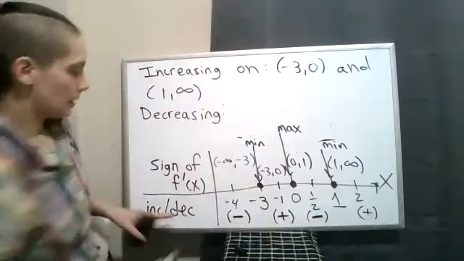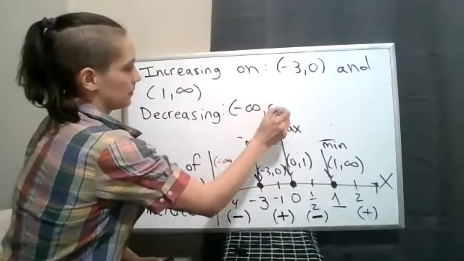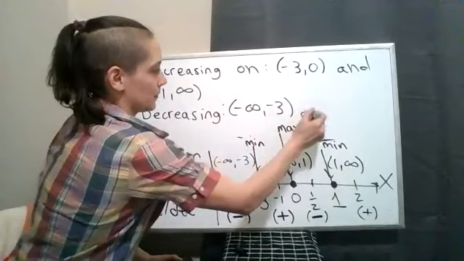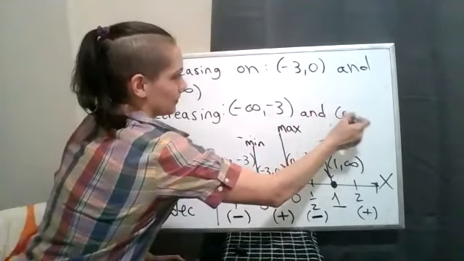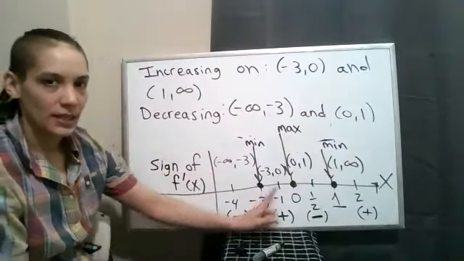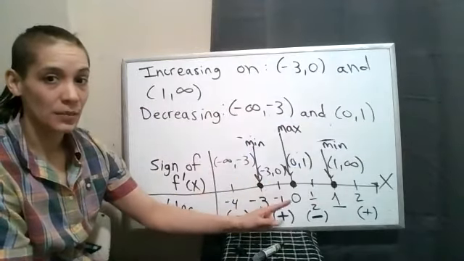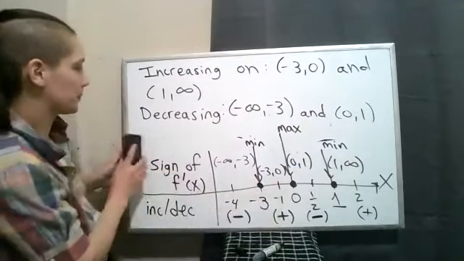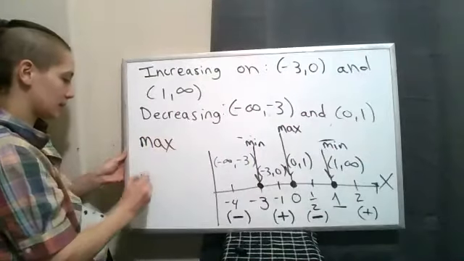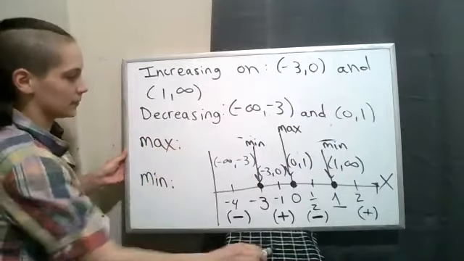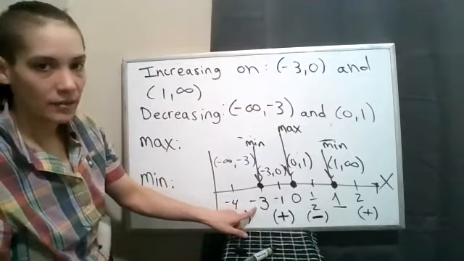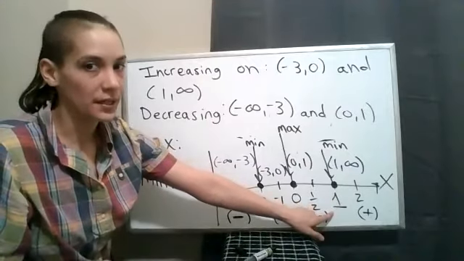Okay, and then we're going to write the max and mins as points. So the max is the point 0, f of 0. Put mins at -3, f of -3, and then 1, f of 1.